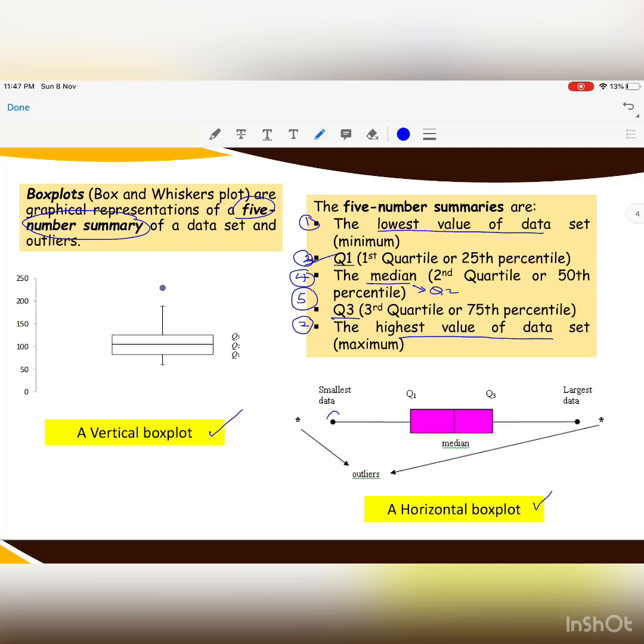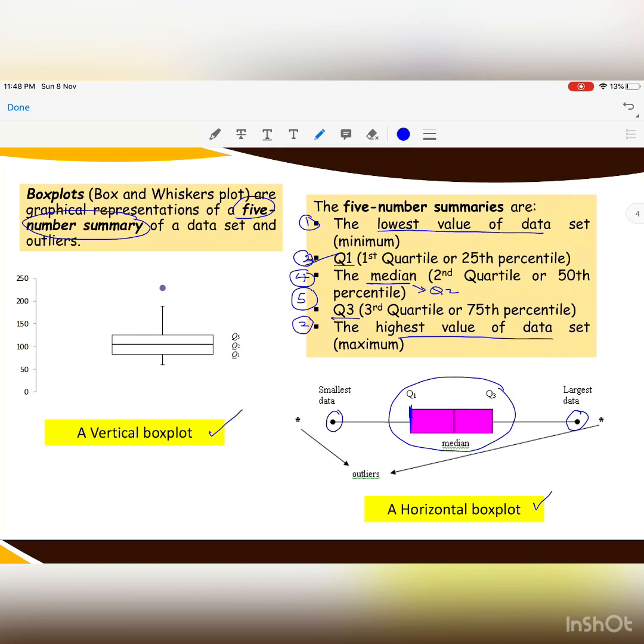So look at the box plot here. The first point is the smallest data. The last point is the largest data, the highest data. Then look at this box.